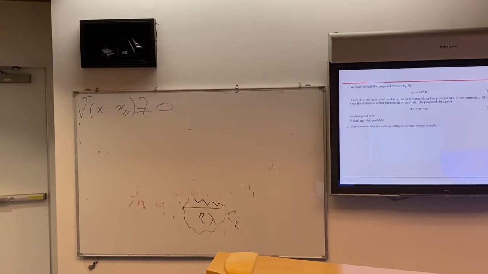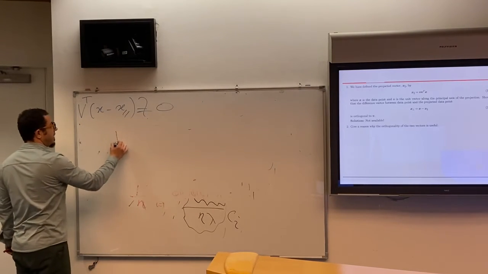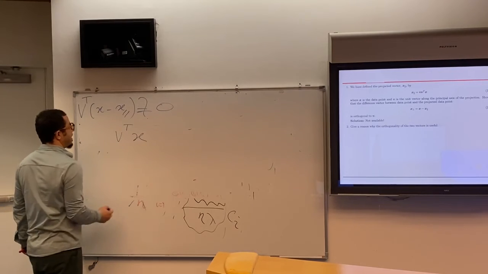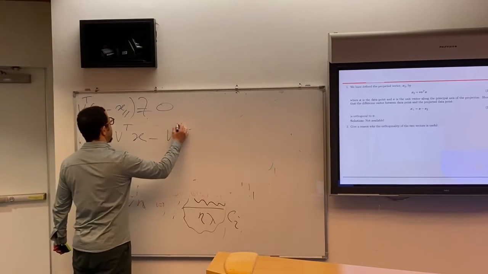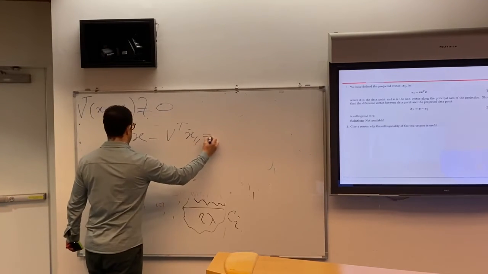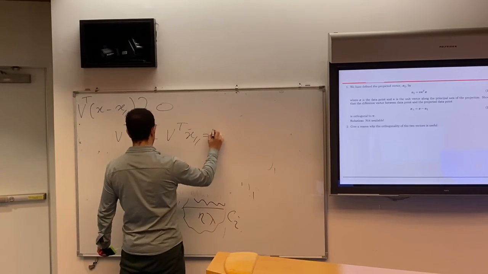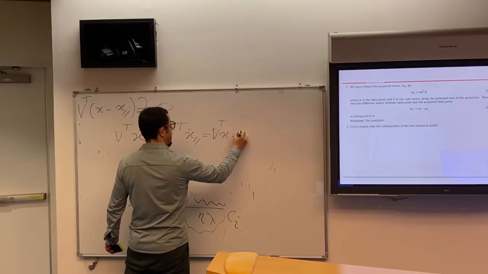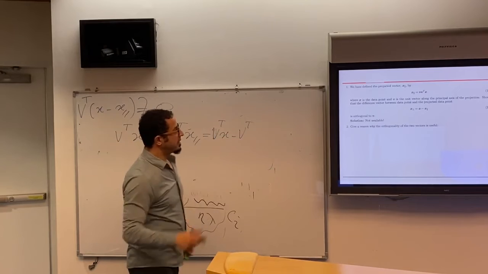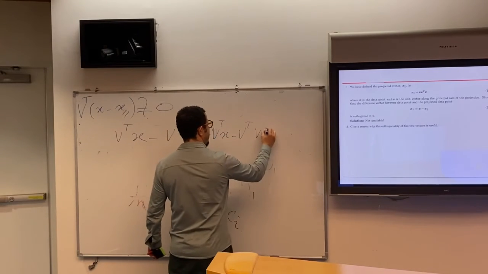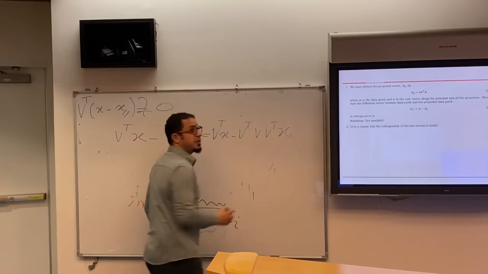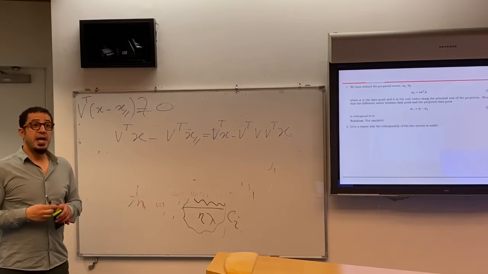Okay, let's do it here. What will be here? v transpose x, minus v transpose x parallel. This is v transpose x minus v transpose times x parallel, which is given, right? It is v transpose x.